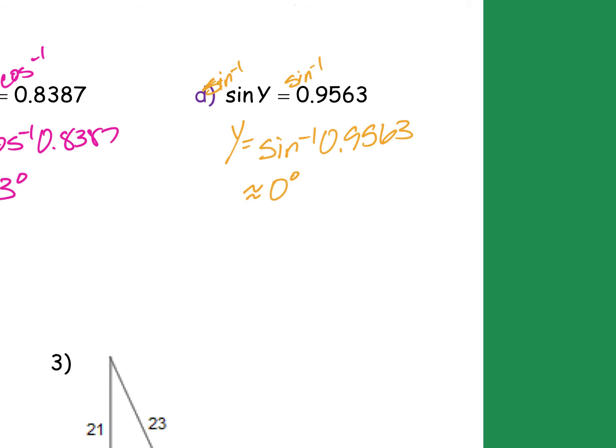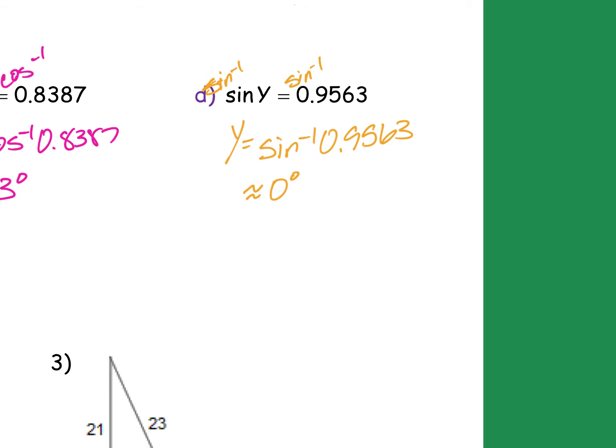Can I double check that one? Let me make sure I'm in degrees.